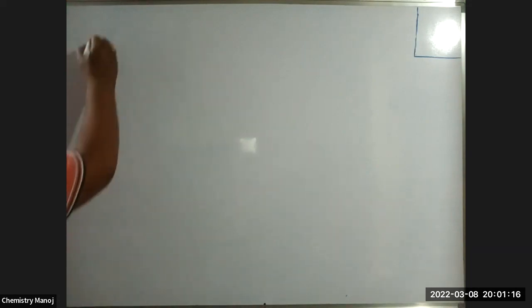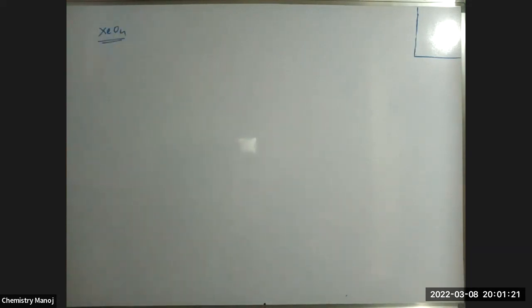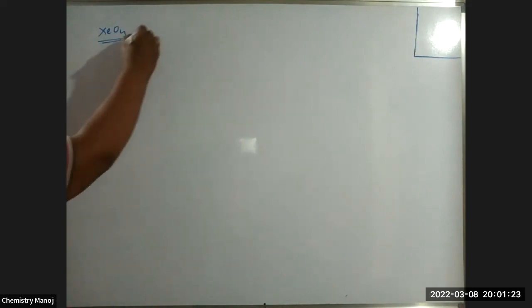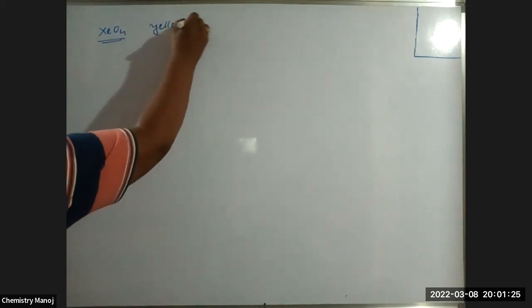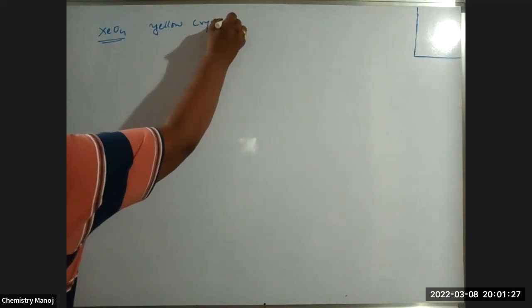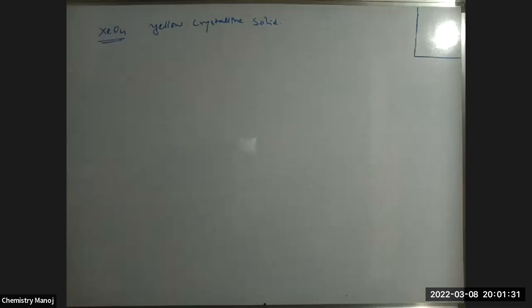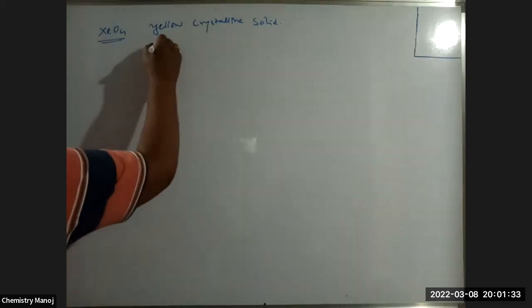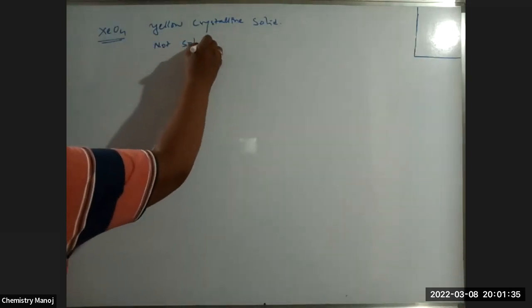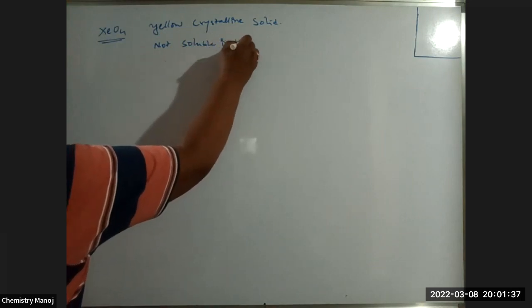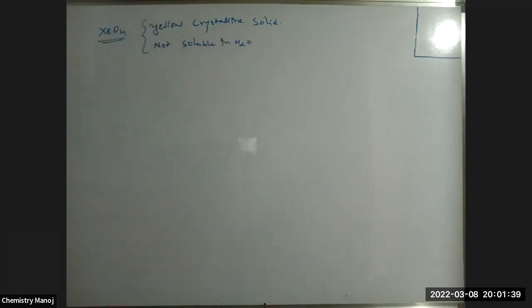XeO4. It is a yellow crystalline solid, not soluble in water.